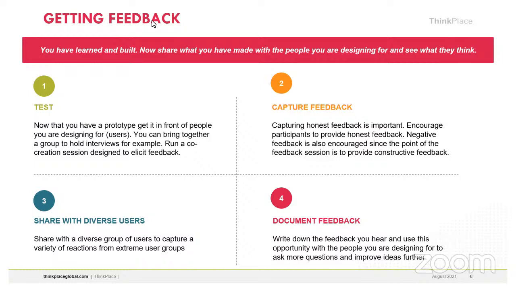So it says, capture feedback. Capturing honest feedback is important. Encourage participants to provide honest feedback. And as you can see there, it's saying negative feedback is also encouraged, since the point of the feedback session is to provide constructive feedback.